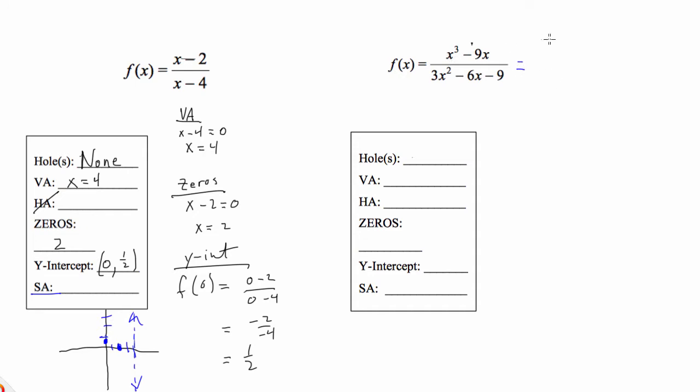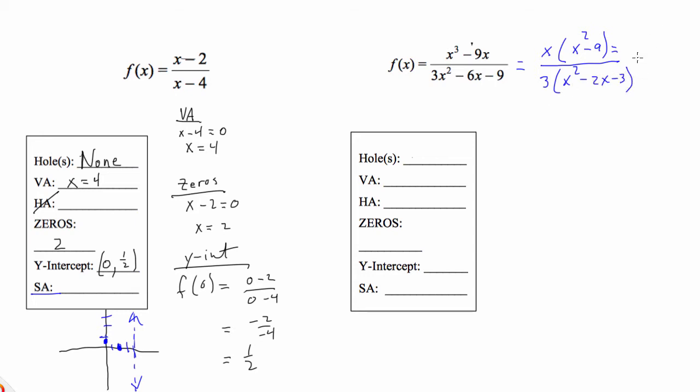Okay, looks like lots of factoring here. So I can pull out an x from the top, which leaves x squared minus 9. No, that's not done being factored. And the bottom, it looks like a 3 comes out. That makes it a lot easier. And then x squared minus 2x minus 3.